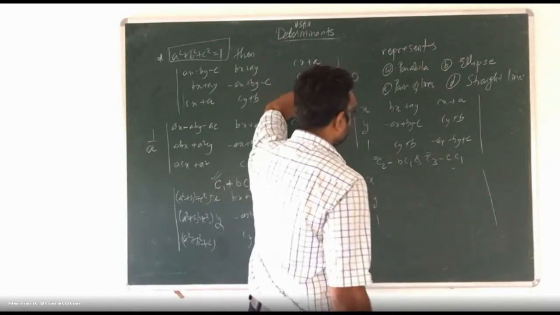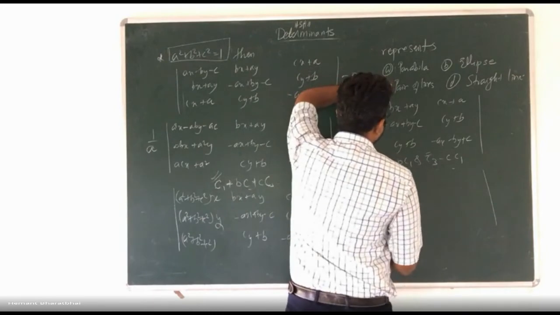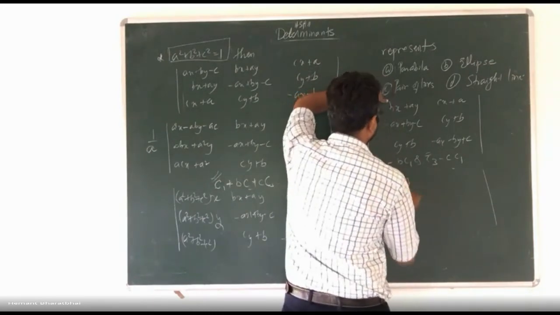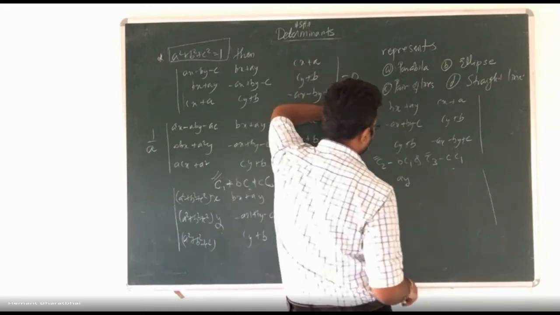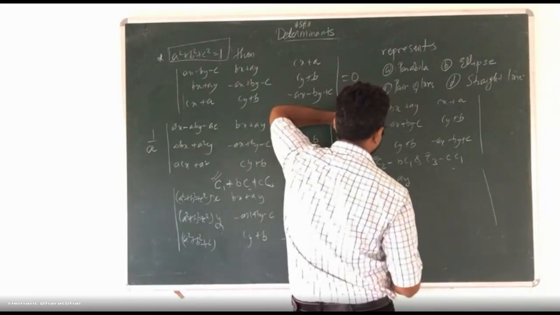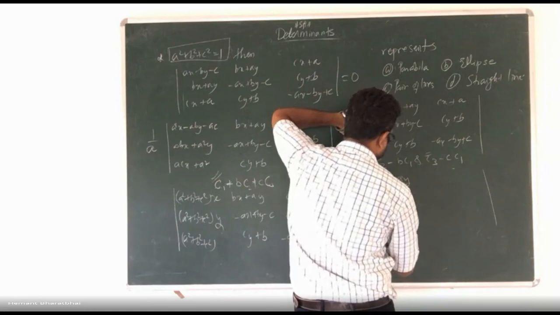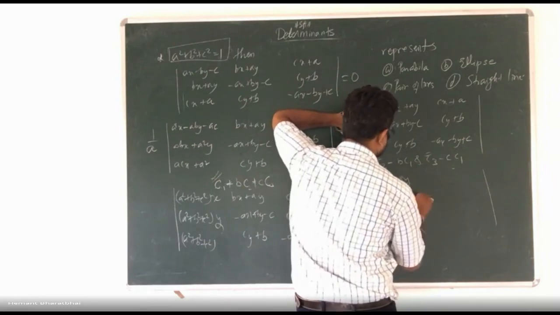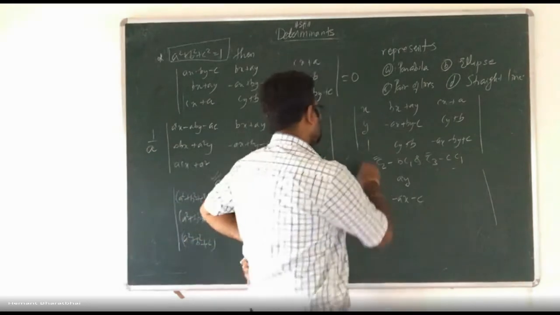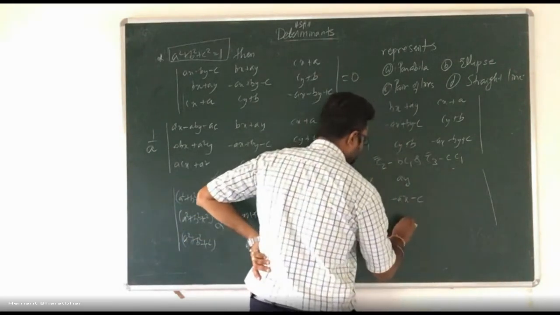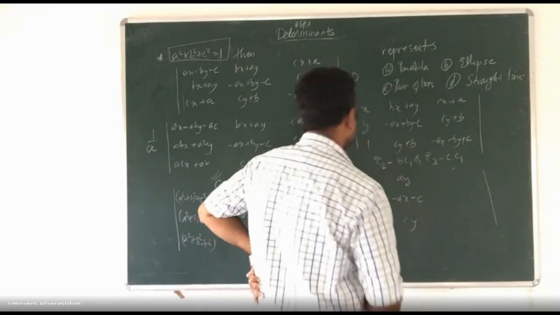So when I do this, bx will get cancelled, so what will remain is ay. C2 minus BC1: minus ax plus by minus c minus by, so by will get cancelled. What will remain is minus ax minus c. Here I am multiplying it with b and subtracting, bb will get cancelled. What will remain is cy.